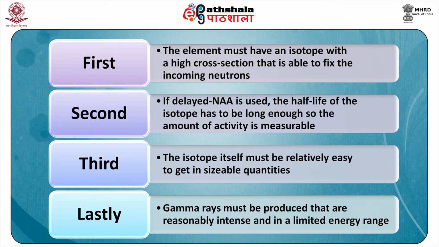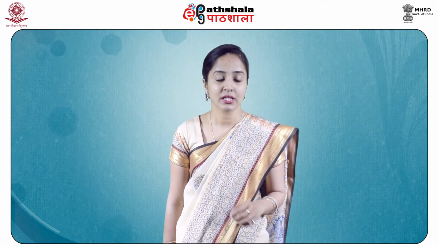Second, if delayed NAA is used, the half-life of the isotope has to be long enough so the amount of activity is measurable. Third, the isotope itself must be relatively easy to get in sizable quantities. Lastly, gamma rays must be produced that are reasonably intense and in a limited energy range.